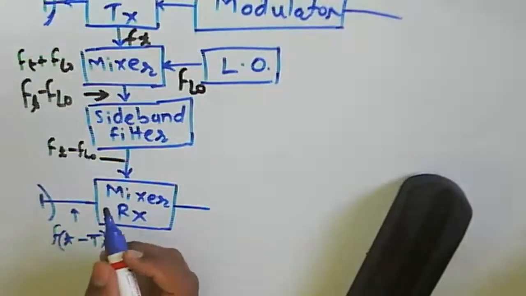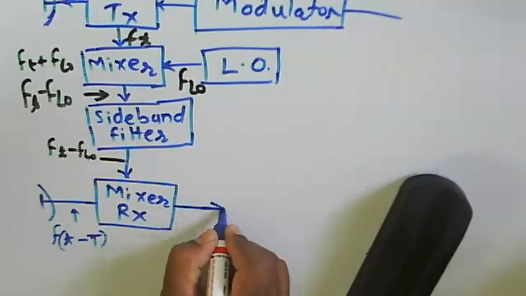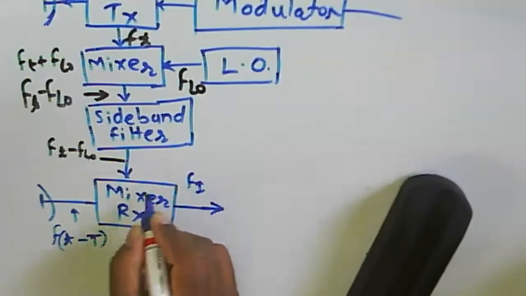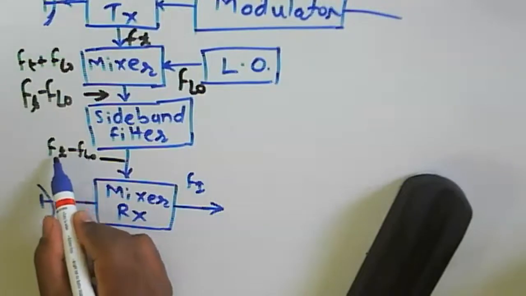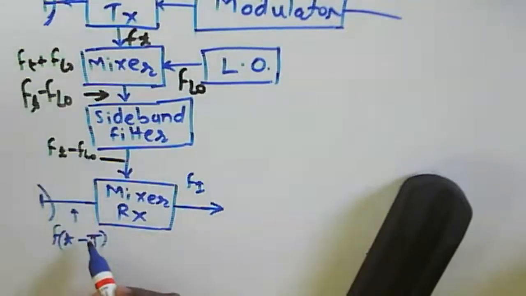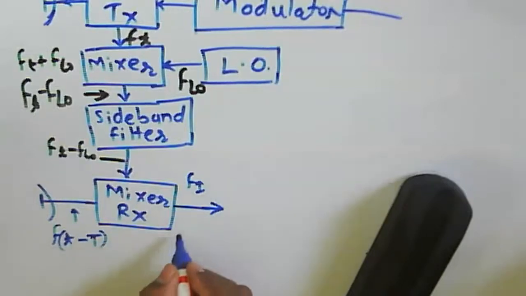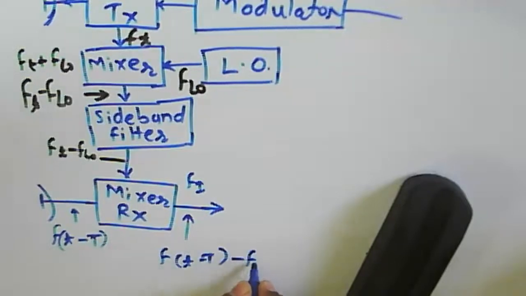So at this point we are getting a signal that will be the difference of this Ft minus FLO that we considered earlier, and the Ft minus T. So in that particular case we are getting this signal as well as the transmitted signal, that is f of t minus t minus f of t.